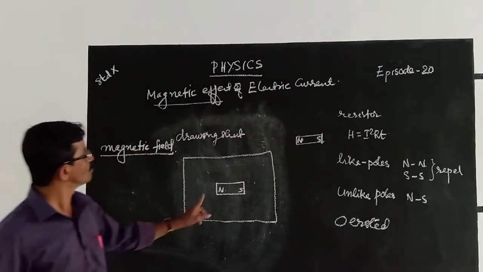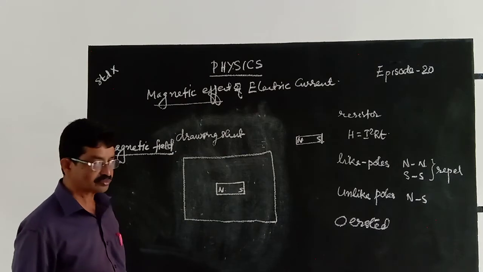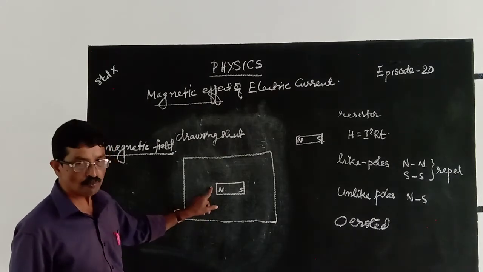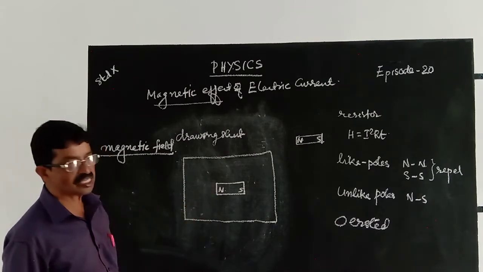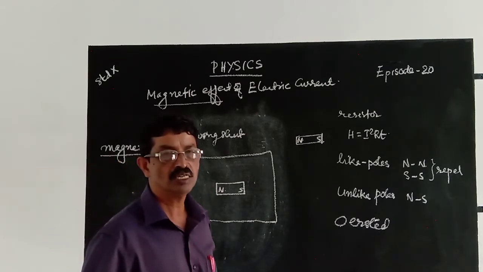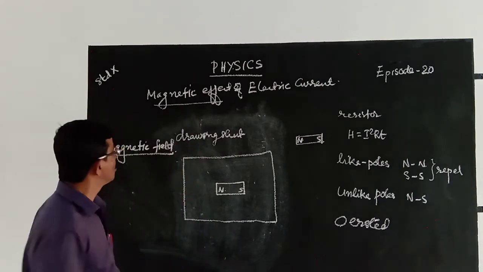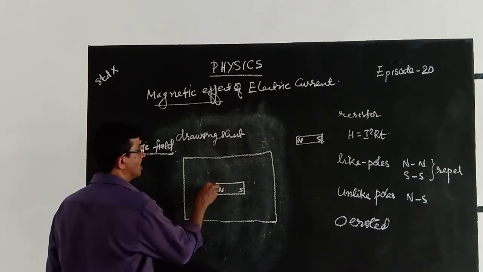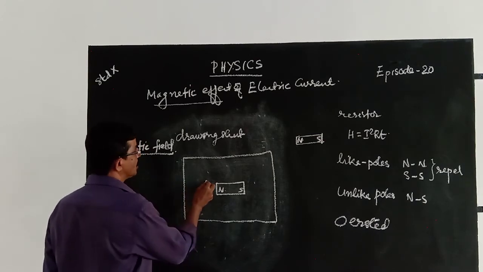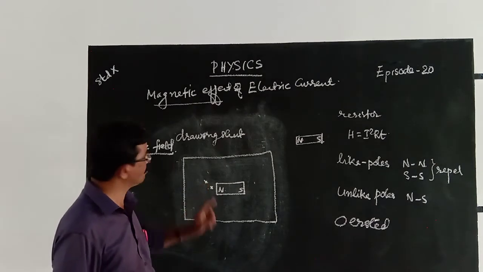Then bring a magnetic compass near its north pole. We know a magnetic compass has two poles, north and south. When we bring it near, one end points towards here and the other end is opposite. Now both ends are marked.